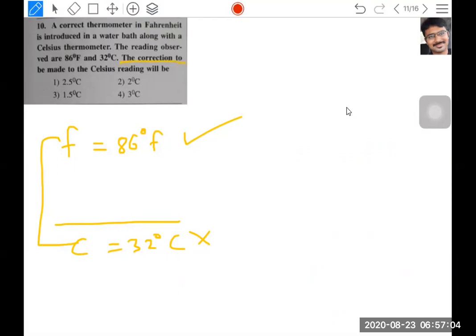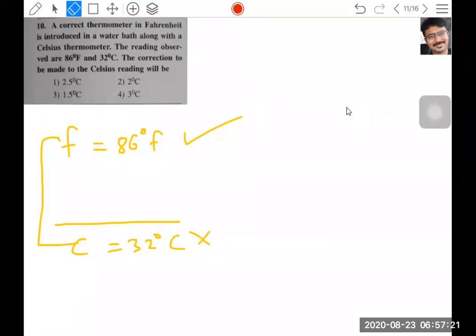Observe carefully: they are asking for the correction to be made to the Celsius reading. That means we have to correct this value.